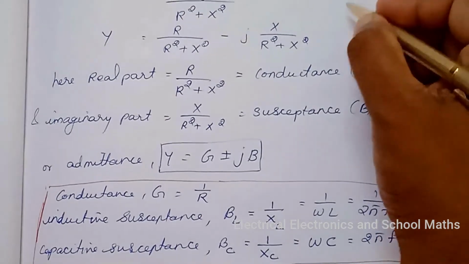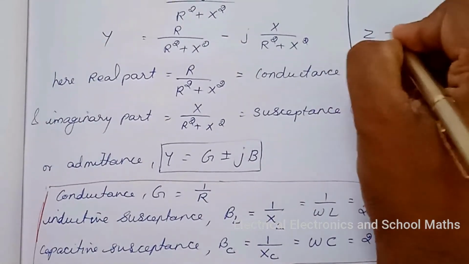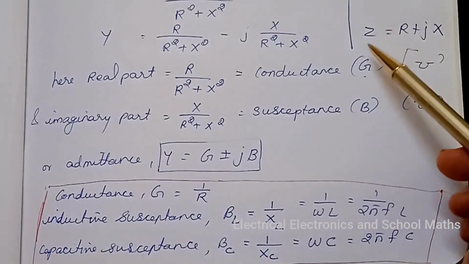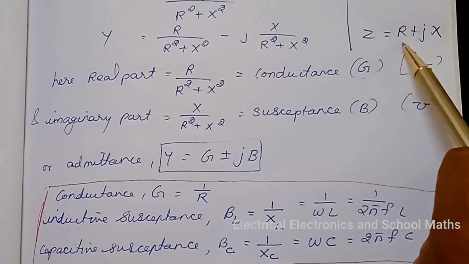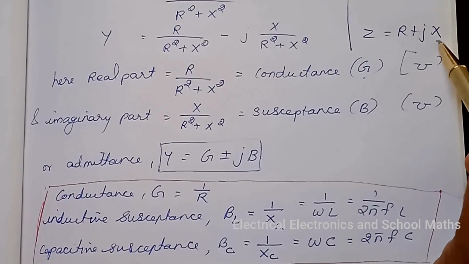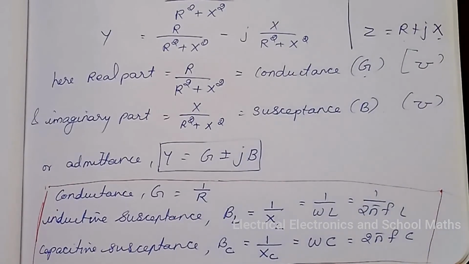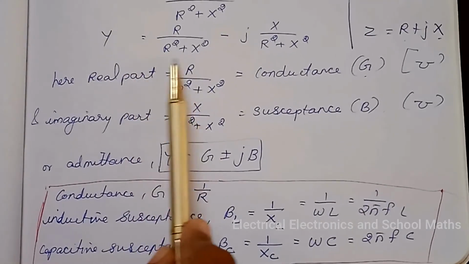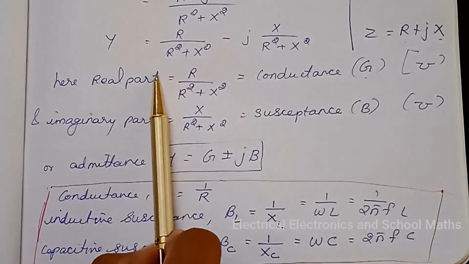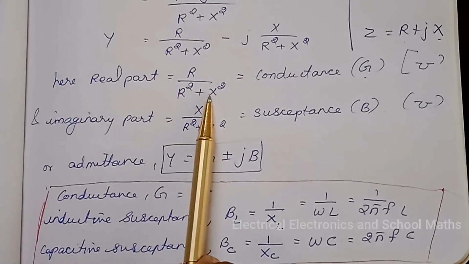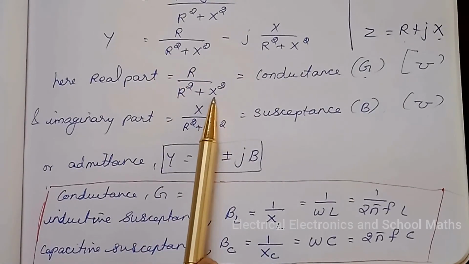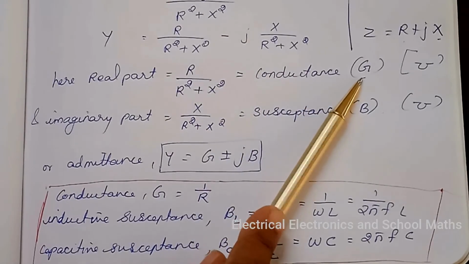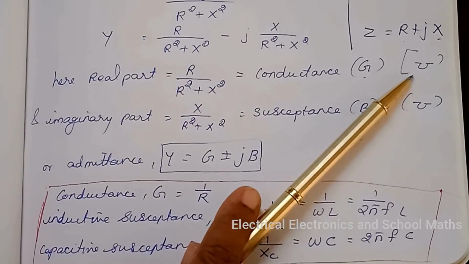So in the case of impedance, Z is equal to R plus jX. In this case, the real part is resistance and imaginary part is reactance. Similarly, the real part of admittance, R by R square plus X square, is called conductance, represented by the letter G, and its unit is mho.